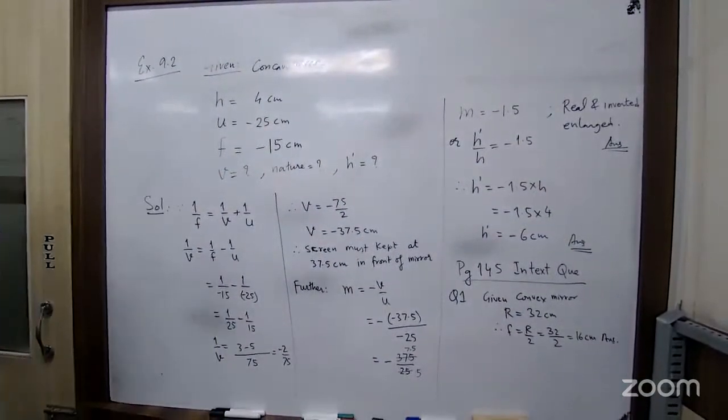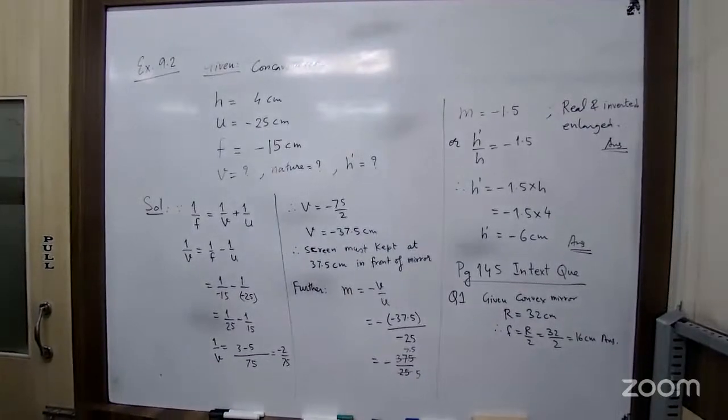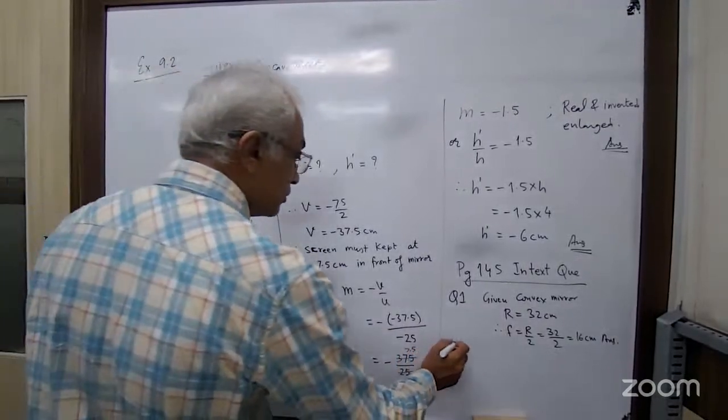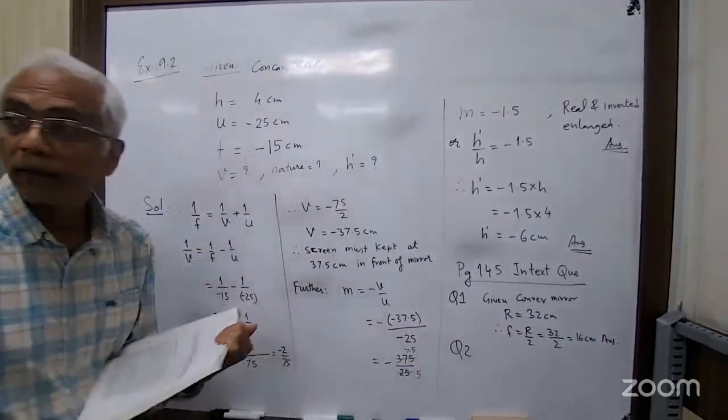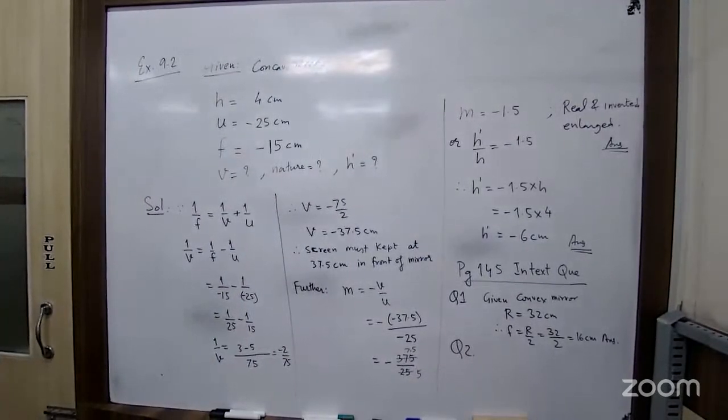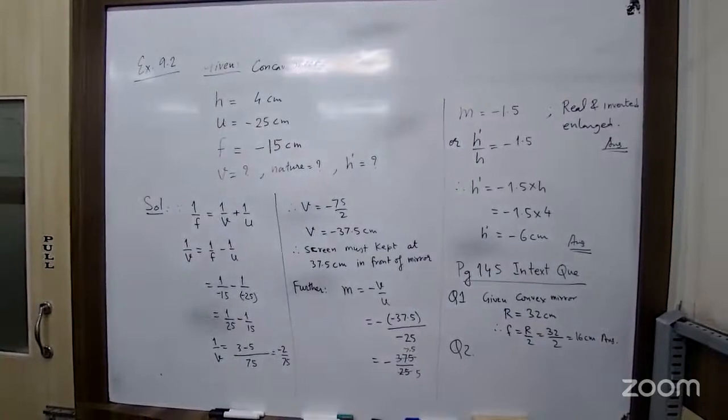Now write down the next question. This is question 2. A concave mirror produces, write down, those who don't have the NCERT book.